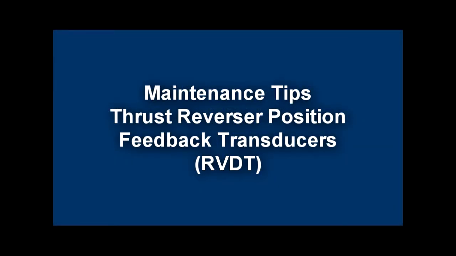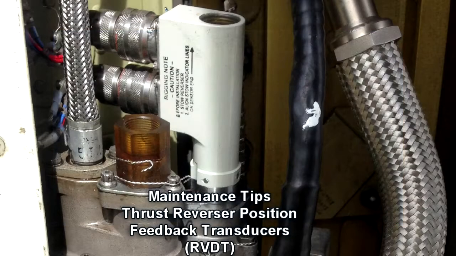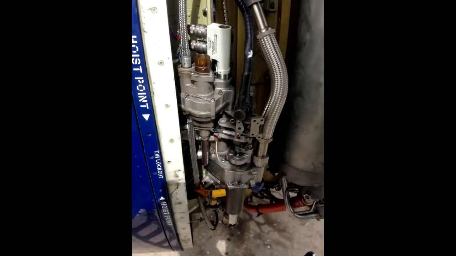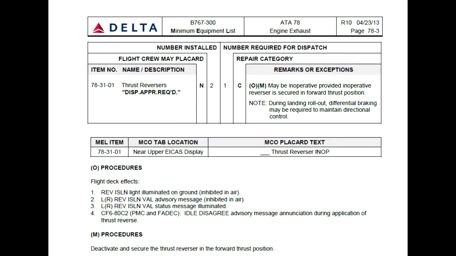Some maintenance tips. Thrust reverser position feedback transducers, RVDTs. These transducers, or RVDTs, have caused a lot of problems in the past. A lot of aborted takeoffs, return to blocks. Let's talk about a couple of scenarios that are possible. You're working on the thrust reverser, including the center drive unit, or you're MCOing a thrust reverser itself.